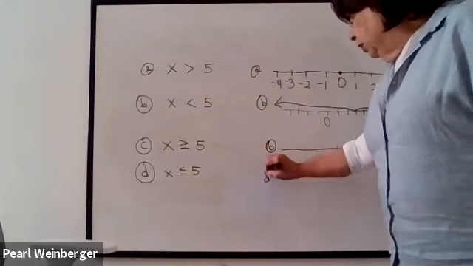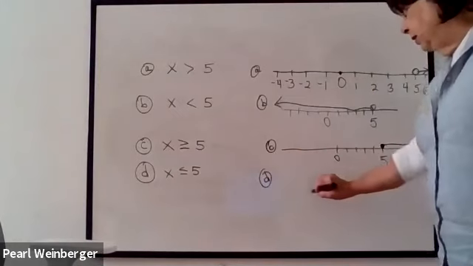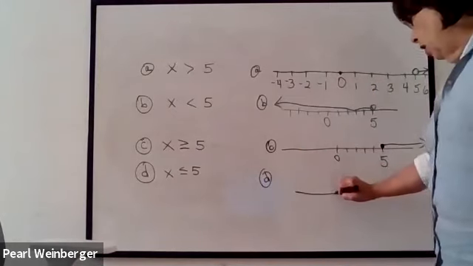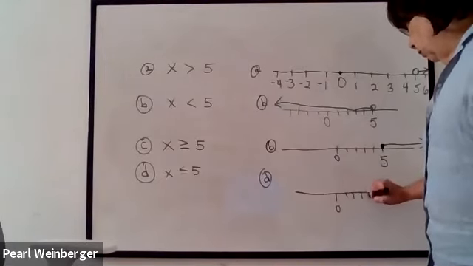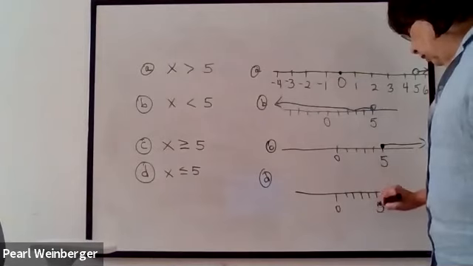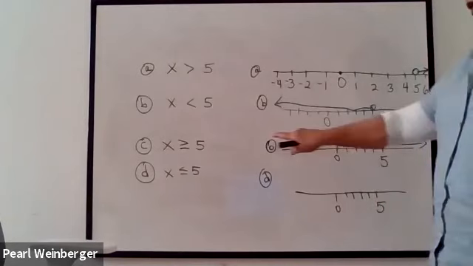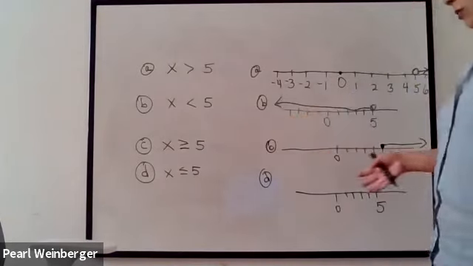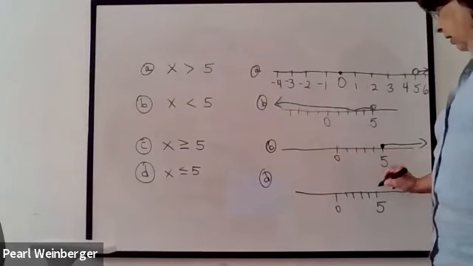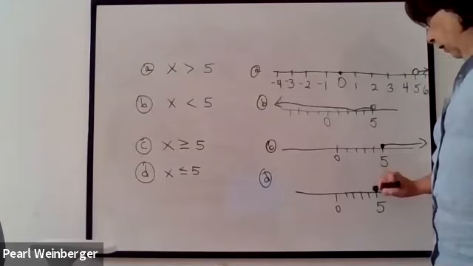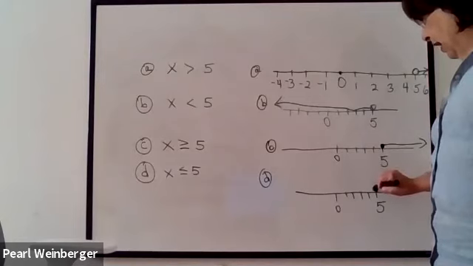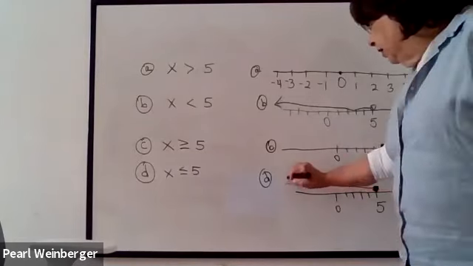The last one, X is less than or equal to 5, looks like this. Again, X is less than or equal to 5 means it's anything including 5 and anything to the left of it, anything less than 5.